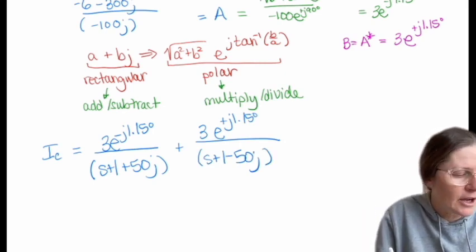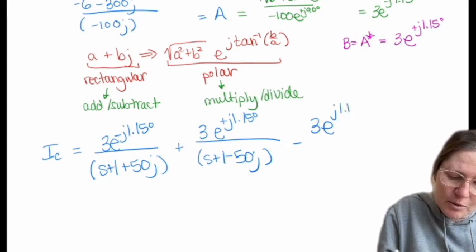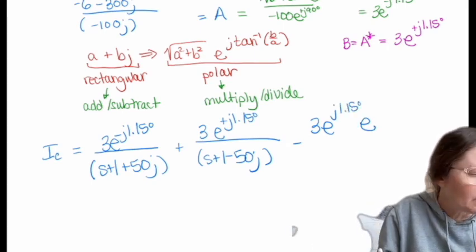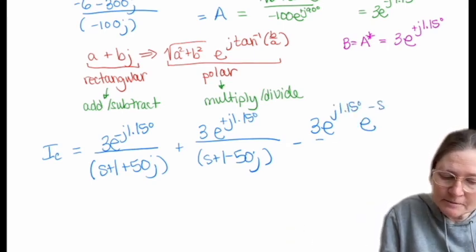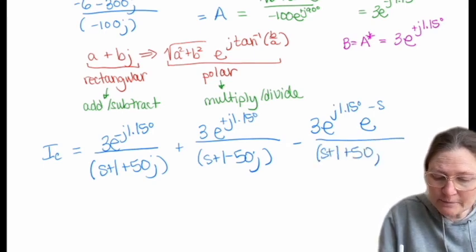And then we have a minus 3e to the j 1.15, and that's going to be multiplied by the e to minus s, all over s plus 1 plus 50j.